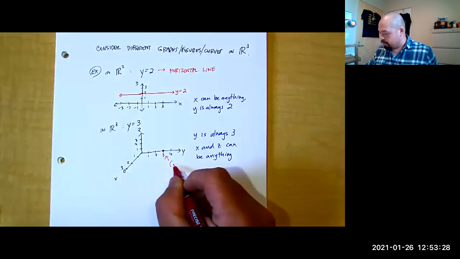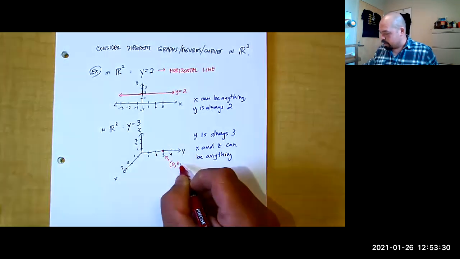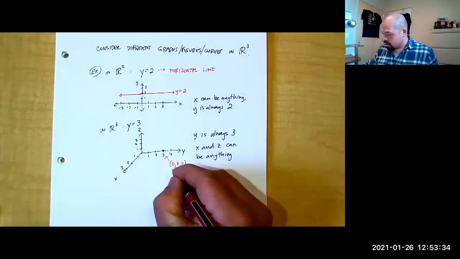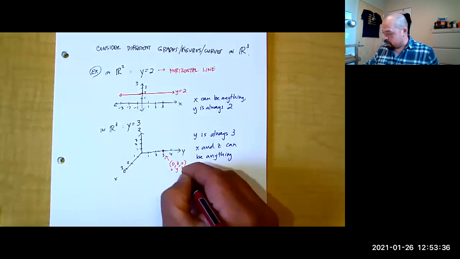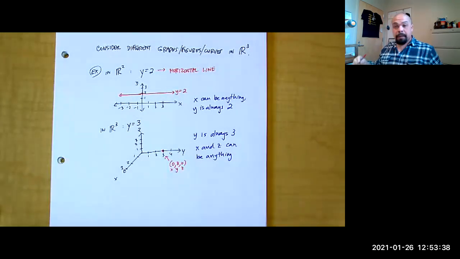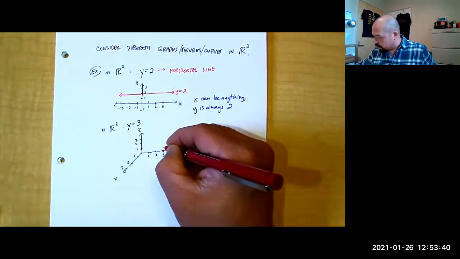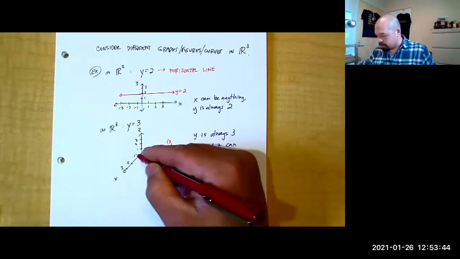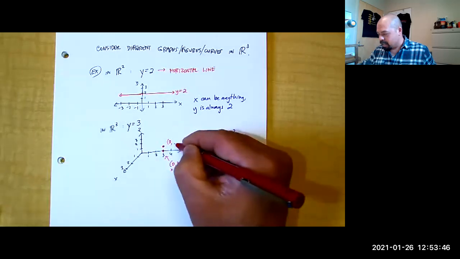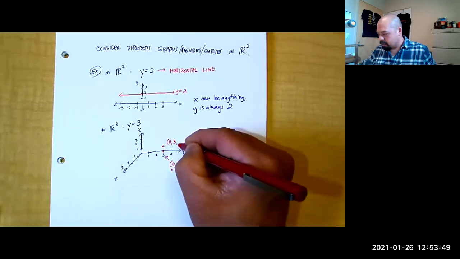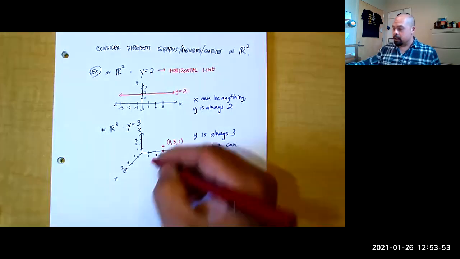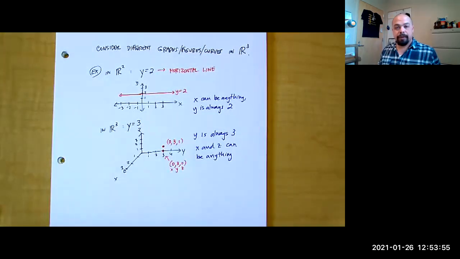So that point would be 0, 3, 0: x is 0, y is 3, z is 0. But maybe we'll start to march up. We can do this point up here. X is still 0. I'm staying flat with that xz plane. Y is 3, z is 1. And we can start to progress up that direction.